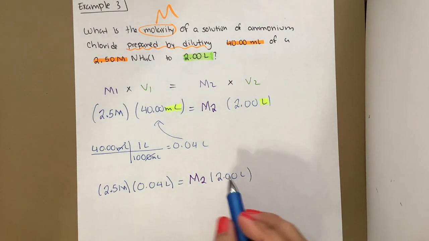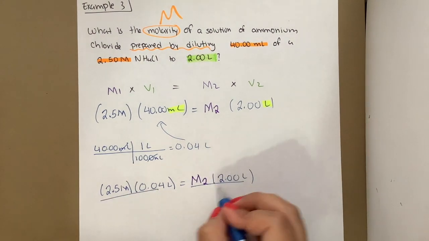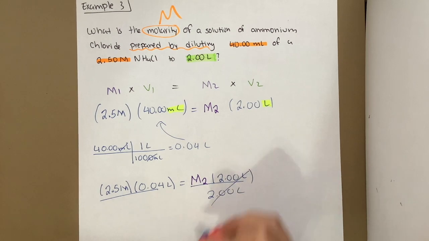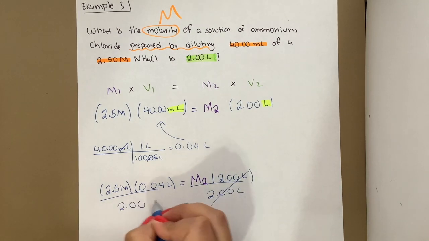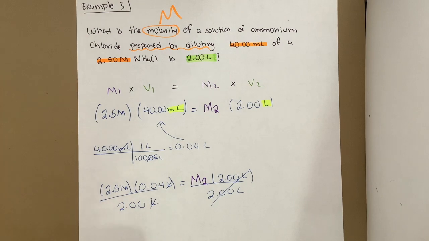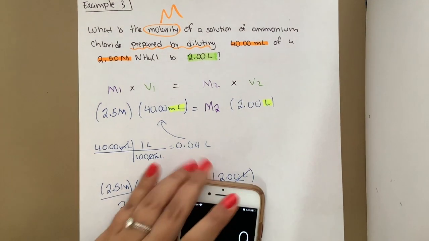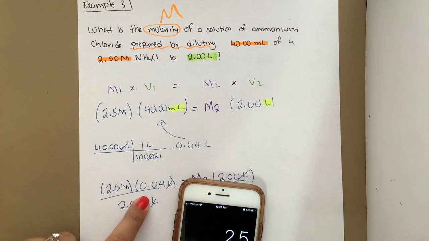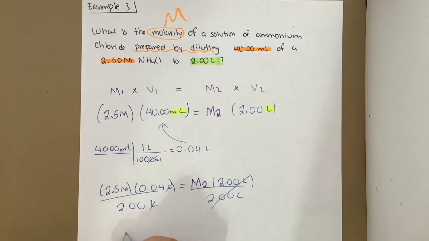Okay, so to isolate M2, I'm going to divide both sides by 2 liters. Notice how the liters cancel each other out. So now I'm going to get my calculator. 2.5 times 0.04 divided by 2, 0.05 molar.